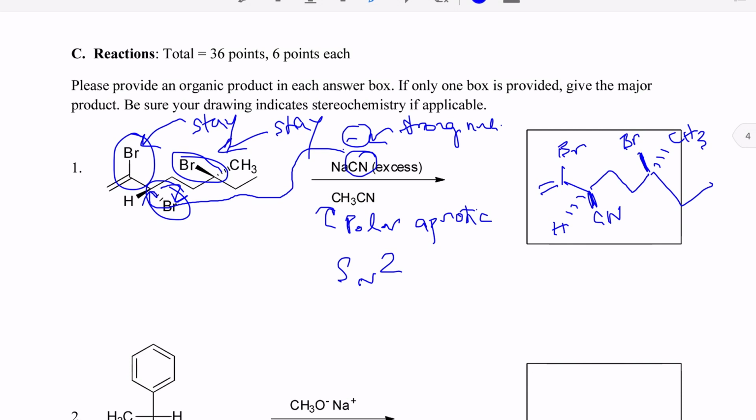So we attack it from the side opposite the bromine, and when the cyanide ion bonds with the carbon atom, it does it from that side. And since there is an inversion of stereochemistry, the hydrogen atom is pushed to the back, basically. And so that's how we end up with the final wedge-dash notation that you see for that given stereocenter. So this is our final answer for number 1.